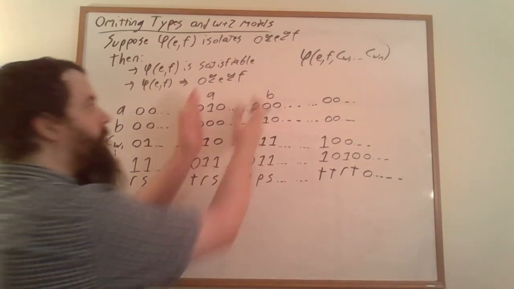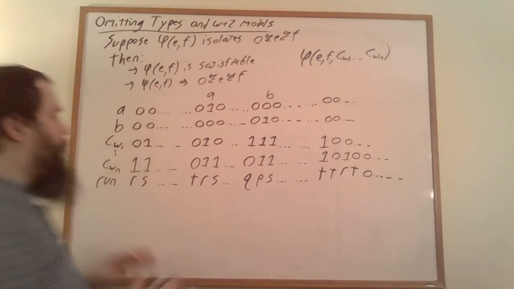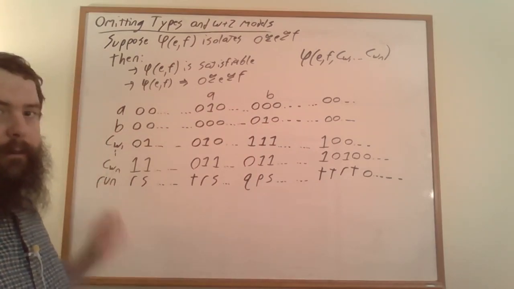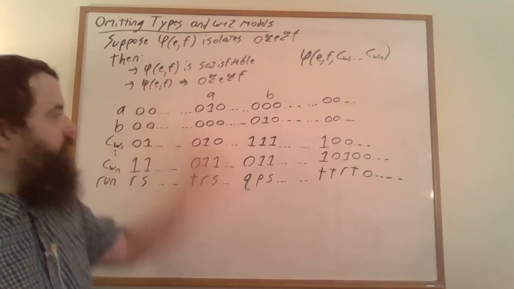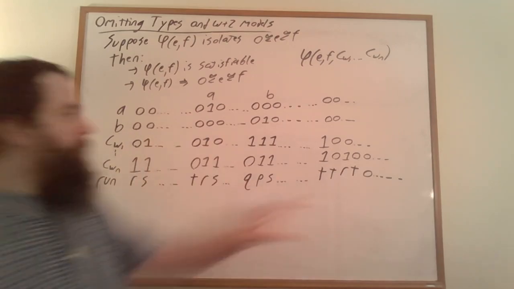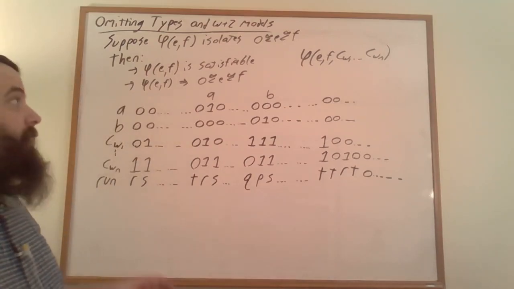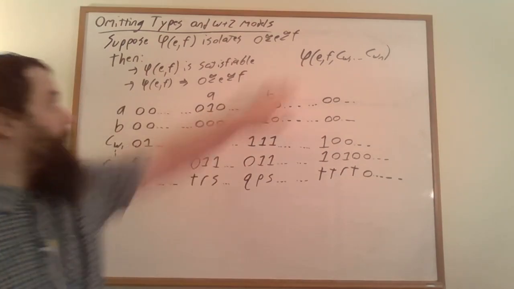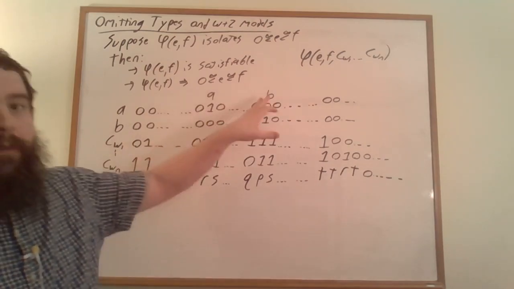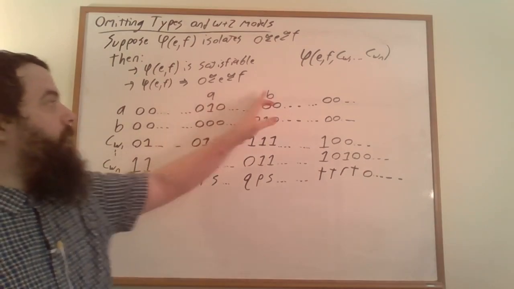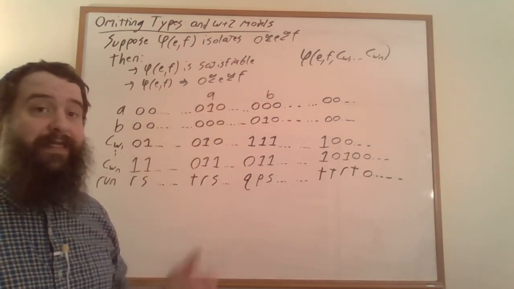But when we do this gap removal operation, we're going to get a valid run of the original automaton. It's still going to satisfy the transition relation, and it's still going to have an accepting final state. And so that means that this formula will still be true of our new A and B. But in the new model we're constructing, A and B are only going to be a finite distance apart.